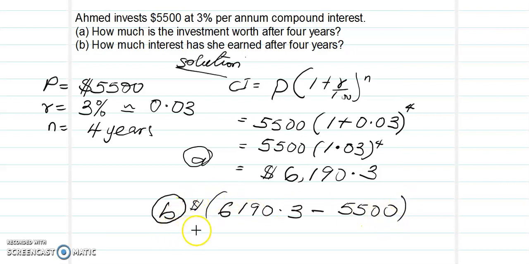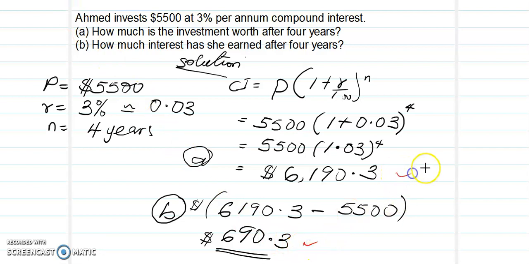Check that. What do you have? This minus this gives us 690.3. So this is the interest she has after 4 years. So this is how we calculate the compound interest using the formula method.